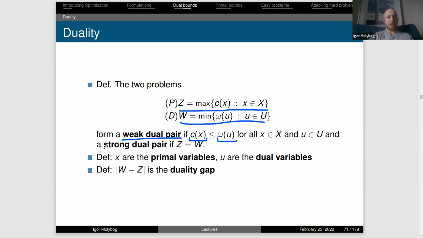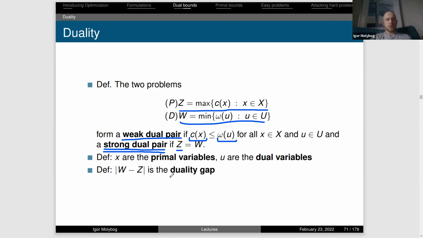A strong dual pair is a pair of two optimization problems that are a weak dual pair, and also the optimal solutions to both problems coincide. So the definition of a strong dual pair is valuable, and most probably is going to be useful for you on your exam.